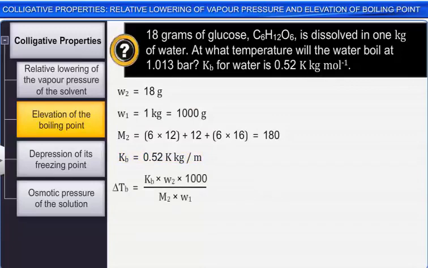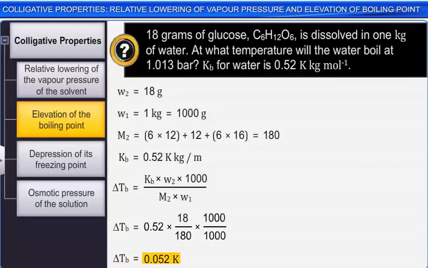Substituting the values in the expression for delta Tb is equal to Kb multiplied by W2 multiplied by 1000 divided by M2 multiplied by W1, and on solving, we get delta Tb is equal to 0.052 Kelvin.